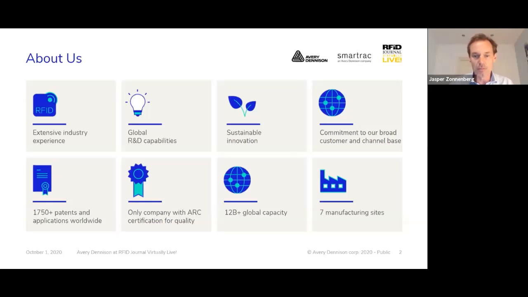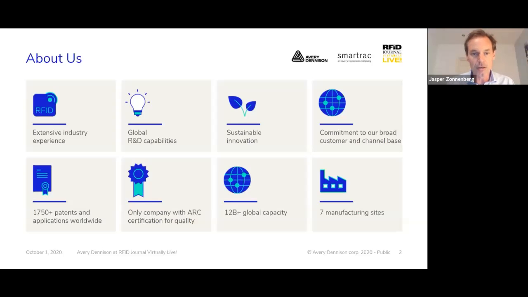We are a sustainable, conscious company. We have a very clear sustainability roadmap that all our products, also within RFID, have to comply with. This is a process where we are constantly working on more sustainable sourcing, more sustainable manufacturing, and also allowing in RFID for inlays that better facilitate recycling in the end.